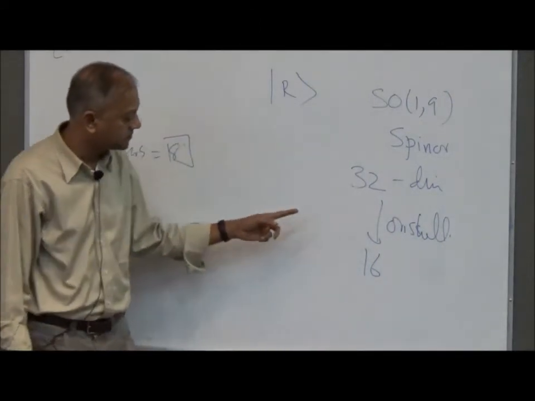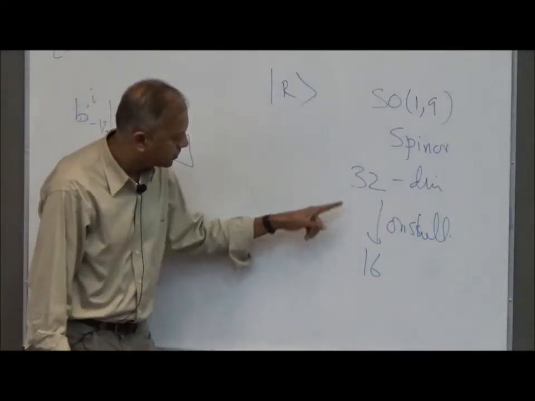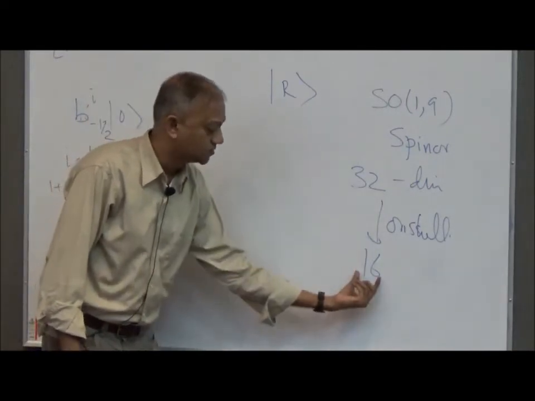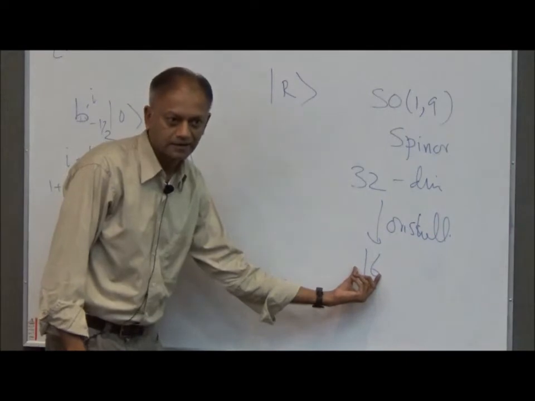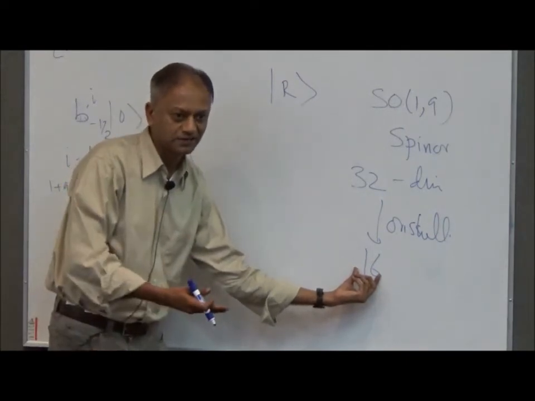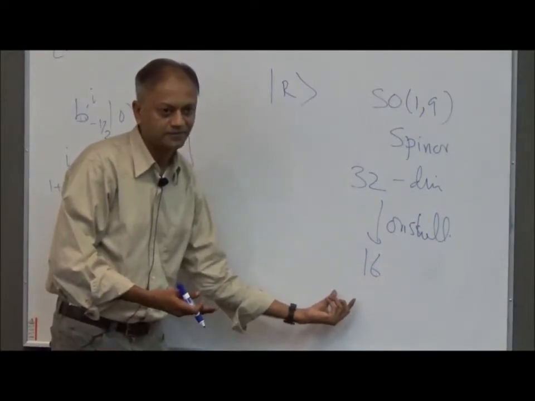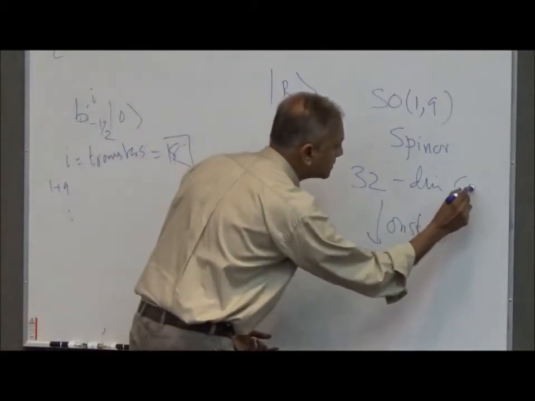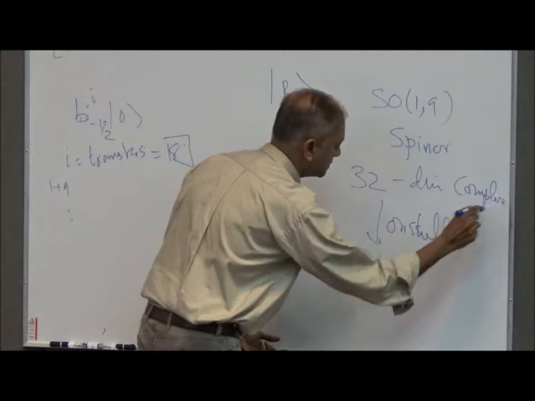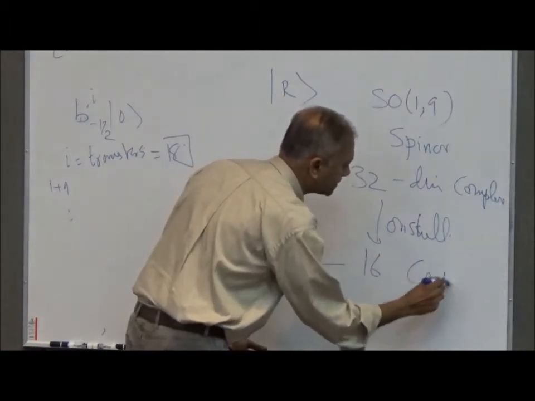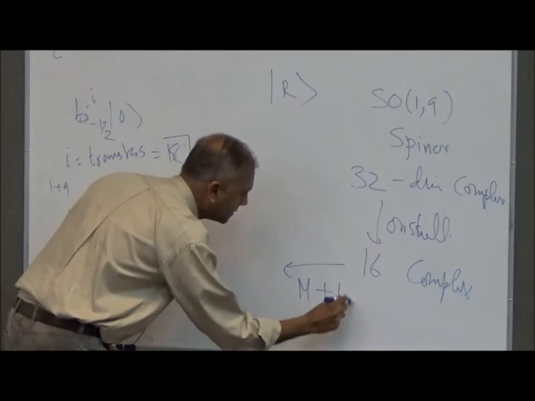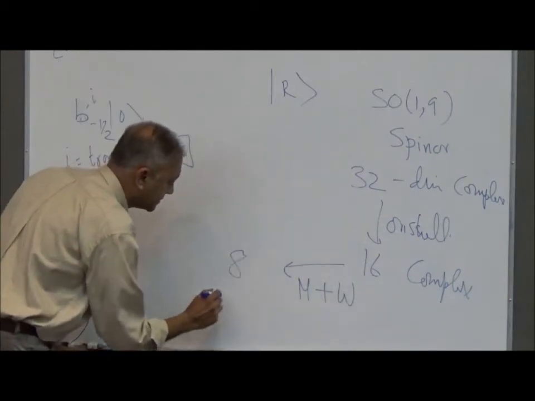How that comes about is that, first of all, you impose the Majorana condition. So this becomes real. And then you impose a Weyl condition, and that cuts it by a further half. So these are to begin with complex, but when you impose Majorana plus Weyl condition, it becomes 8 real.